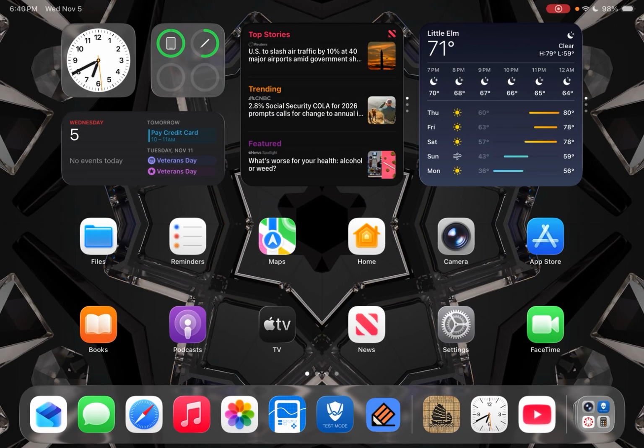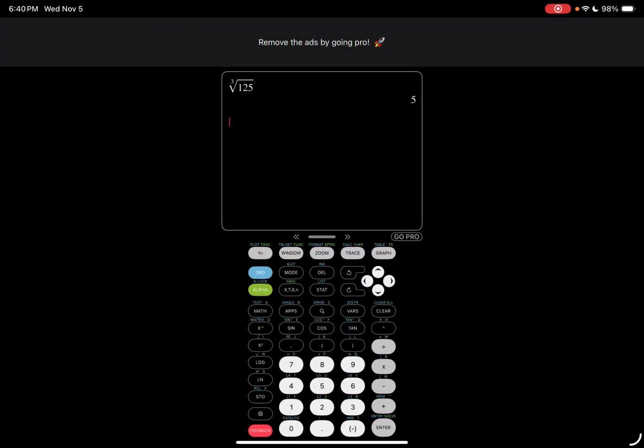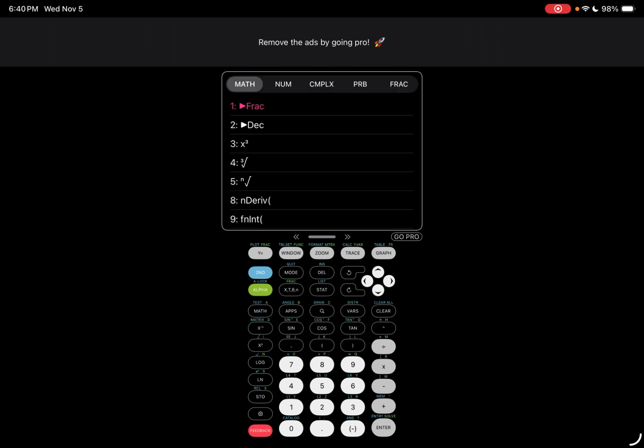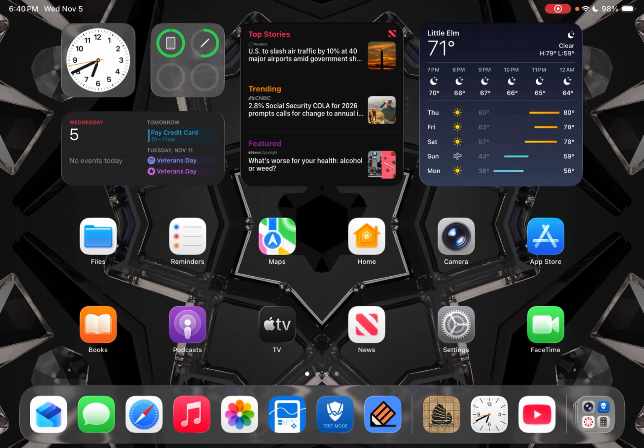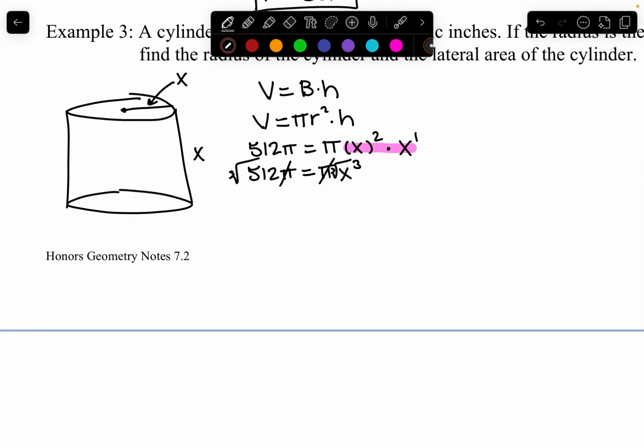So I'm going to remind you how to cube root in this calculator. You want to go to math, which is the third button down on the left side of your calculator, and then you want to look where you see the cubed root, which is option 4. And then we're going to type in 512, and we get 8. So x is going to equal 8, which means that our radius is 8, and our height is also 8.